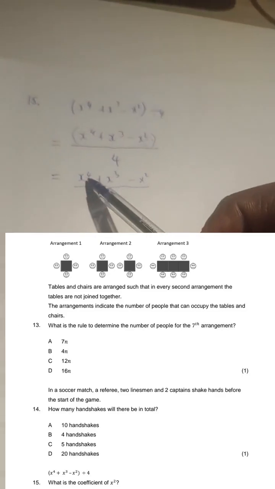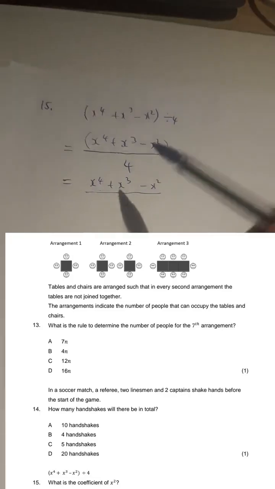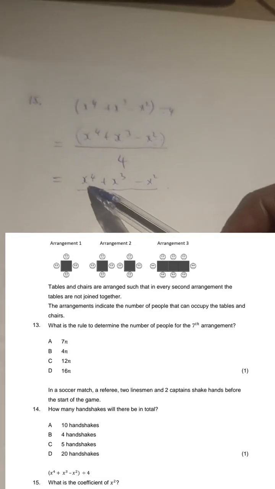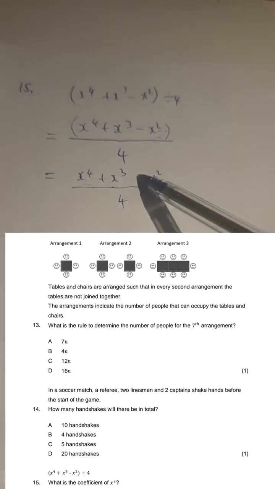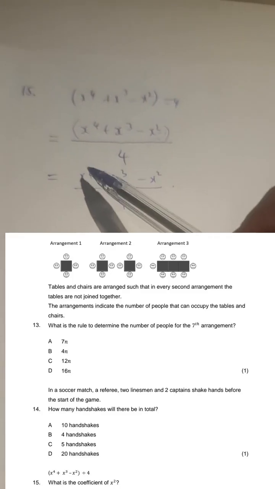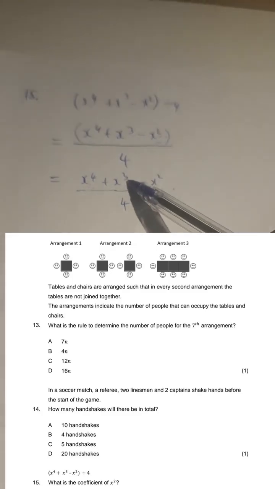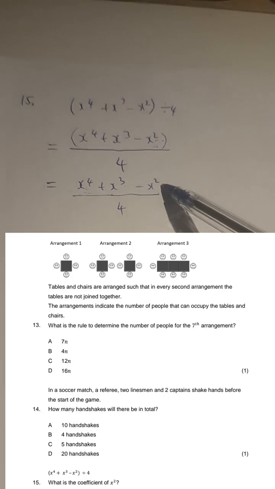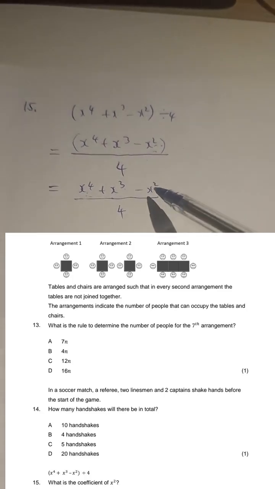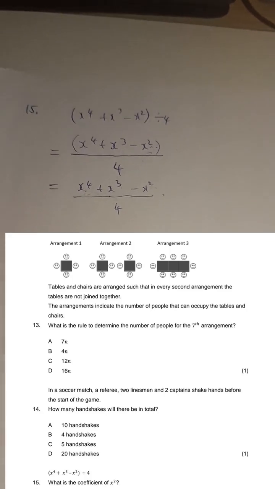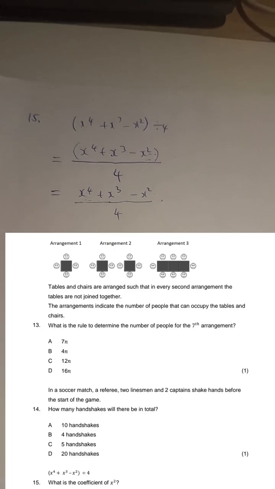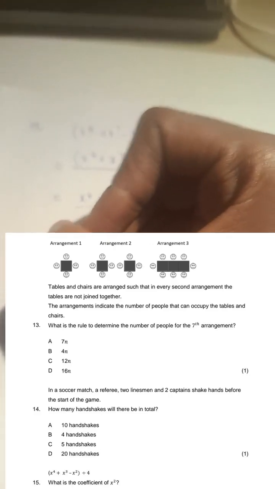And the top alone consists of how many terms? 3 terms. These 3 terms are separated by this plus sign and this minus sign. We have x to the power 4, that's one term, x to the power 3, that's another term, and x to the power 2, that's another term. Remember, terms are separated by a plus and a minus sign.